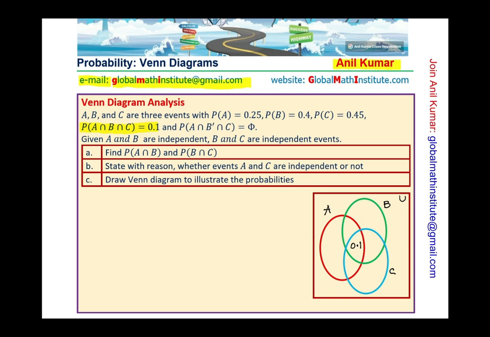Now the second condition given to us is the probability of A, not B, and intersection of C is the null set. Now which is this area? Now this part is very critical to figure out. So let's now work on this part, which is the probability of A intersection not B intersection C. Phi means null set, right?